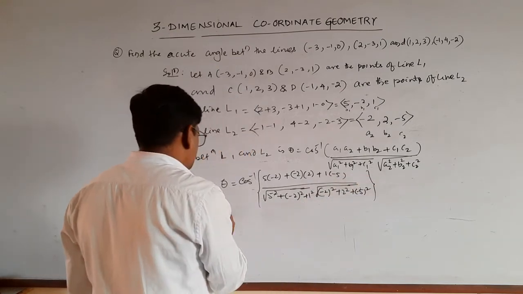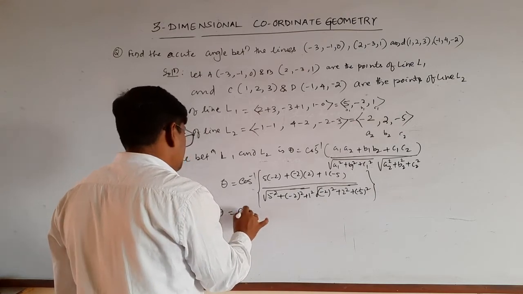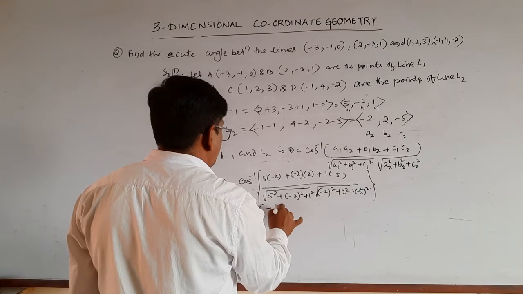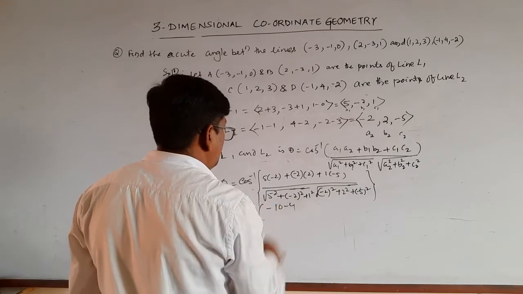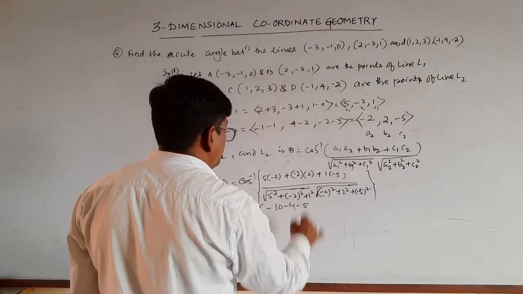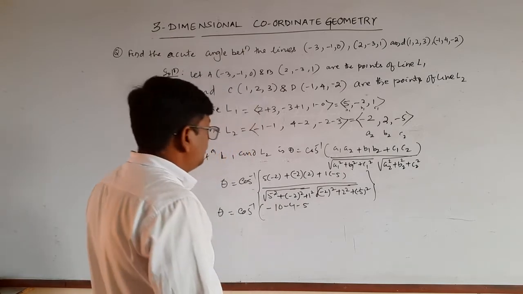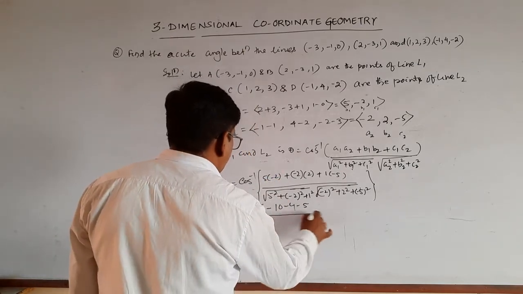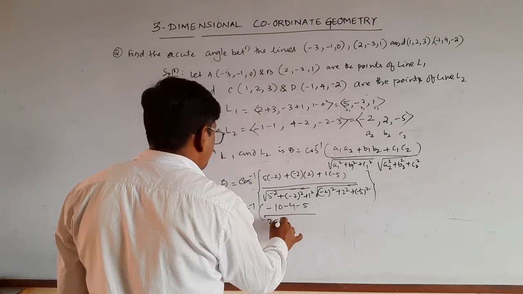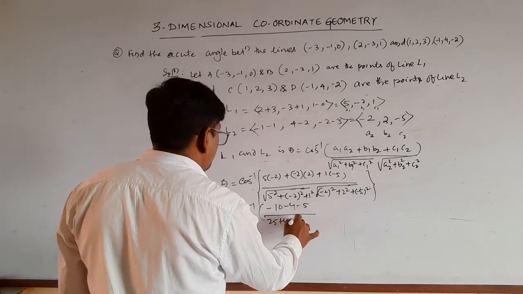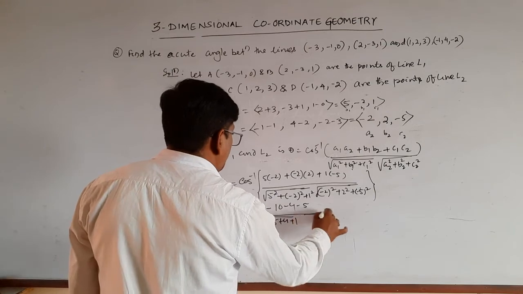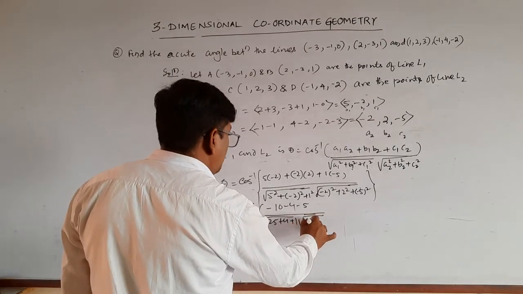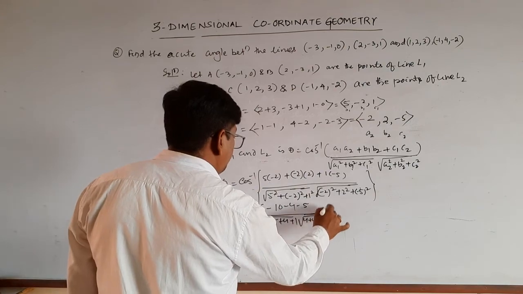Calculating this, theta is equal to cos inverse of minus 10 minus 4 minus 5 divided by root over 25 plus 4 plus 1, and root over 4 plus 4 plus 25.